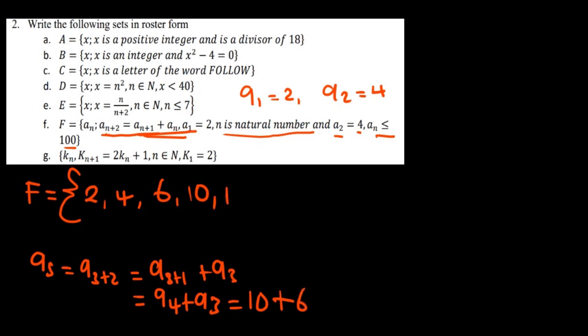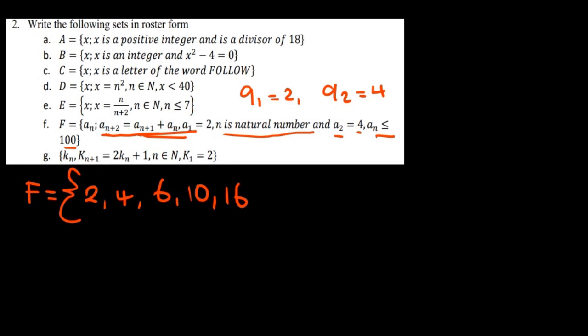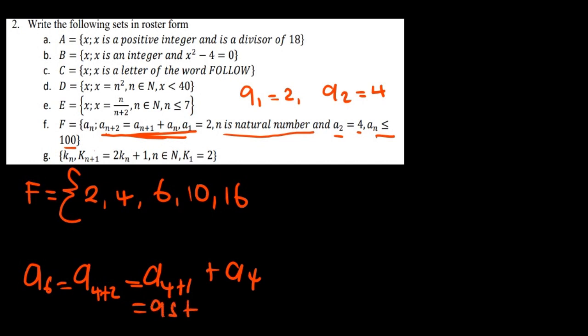So this is going to be 16. Let's find our A6, and then I'll show you a pattern that we noticed there. So A6 is equals to, remember we are making this A6 to have N plus 2, so we separate it into N and 2, so that N will just be 4 plus 2. And then from this formula, that will be equals to A4 plus 1 plus A4. So this one here will just be our A5 plus A4.